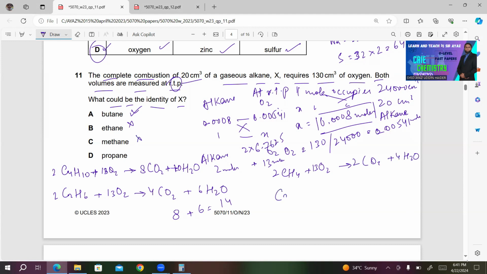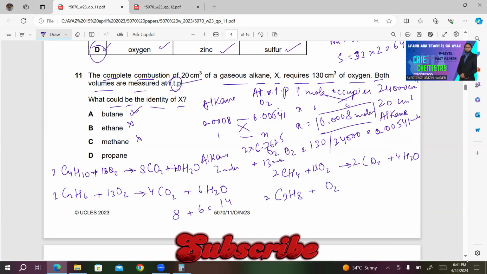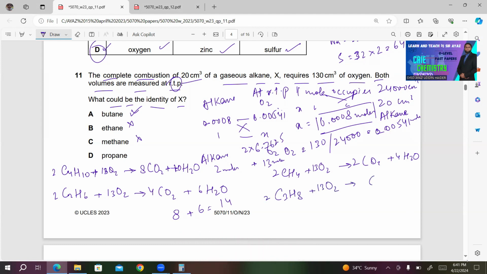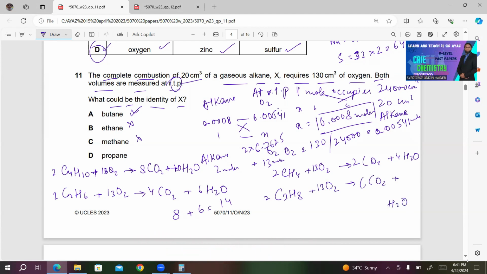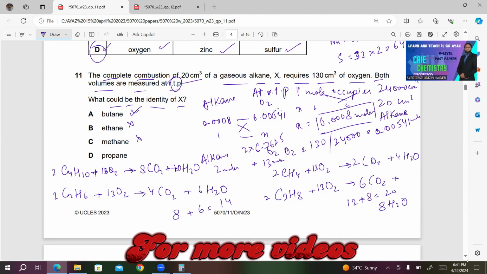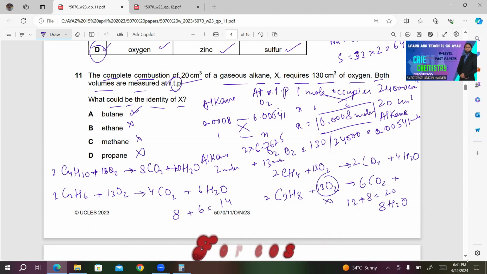Propane, C3H8 plus O2, 2, 13, gives CO2 plus H2O, carbon 6 CO2, water 8 H2O. Let's count oxygen. 6 2s are 12. 12 plus 8 gives 20. So this is also incorrect. So A must be the right answer for number 11.